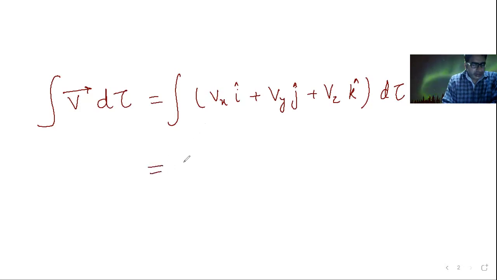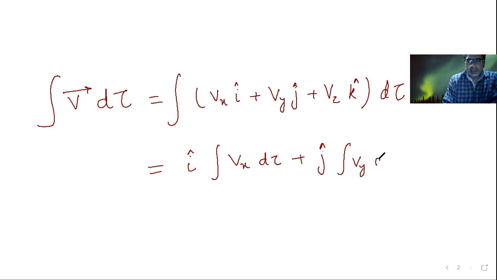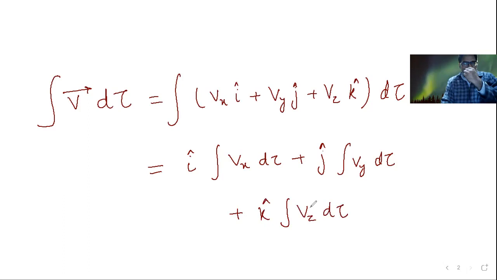We can write it as i cap times integral vx d tau plus j cap times integral vy d tau plus k cap times integral vz d tau.